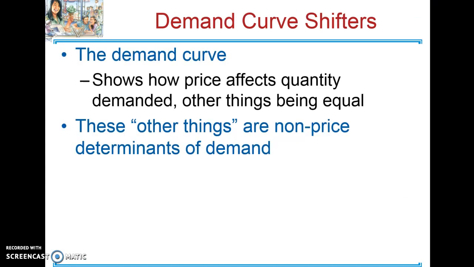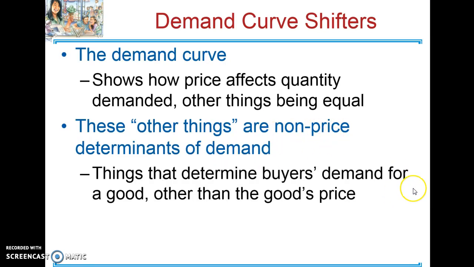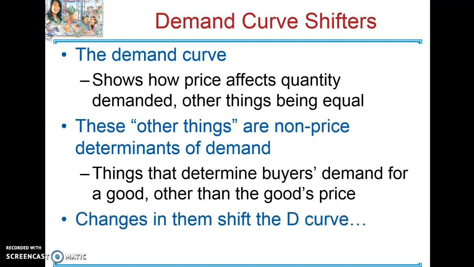Demand curve shifters. The demand curve shows how price affects the quantity demanded, other things being equal. These other things are referred to as non-price determinants of demand, things that determine buyers' demand for a good other than the good's price. Those things will actually cause the demand curve to shift.